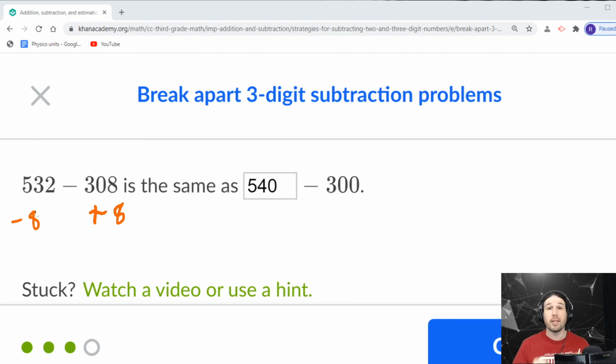It really, really can. It is the single largest source of mistakes that I've seen at all levels of math. It never gets to the point where it's going to be perfectly easy all the time. So be easy with yourself. I think this is actually 524 minus 300.